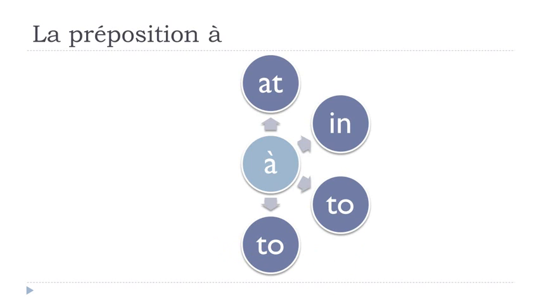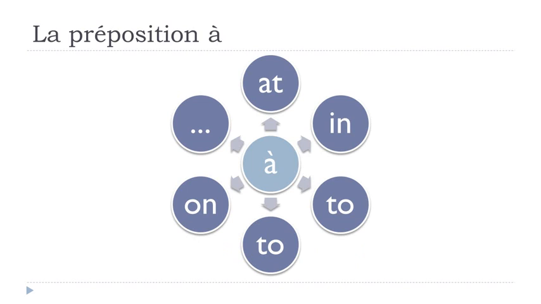That's the main reason why we've got the two to-dos. And then it could be translated with on, and there are other meanings and uses of this preposition à. So we'll start with at, if that's okay with you.